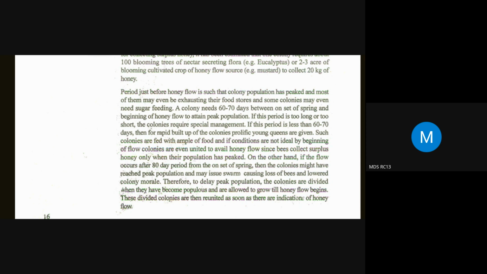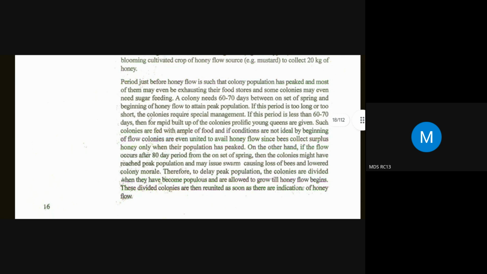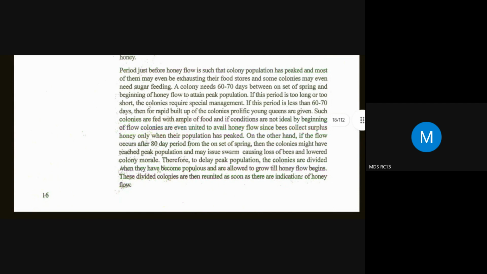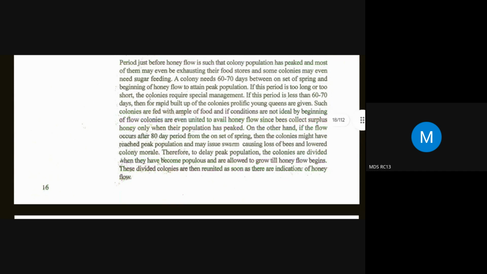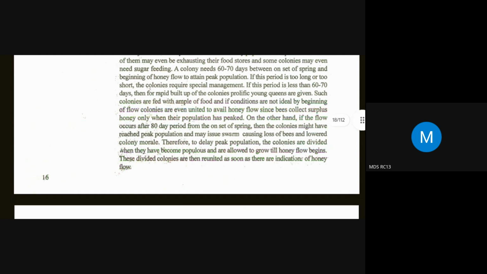A colony needs 60 to 70 days between onset of spring and beginning of honey flow to attain peak population. If this period is too long or too short, the colonies require special management.